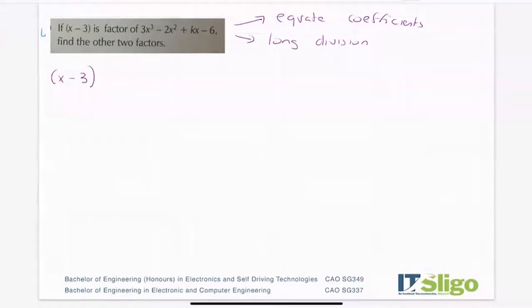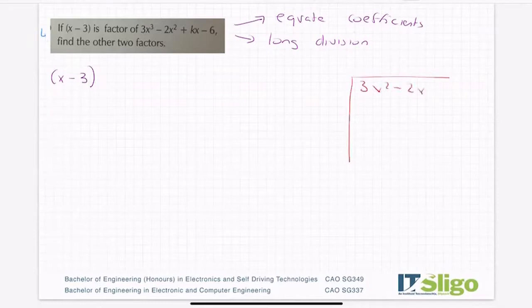Now, equating the coefficients does require you to know that if you divide one factor into a cubic, maybe I just do it roughly here, if I divide that in, then at the top here I am going to get a quadratic.